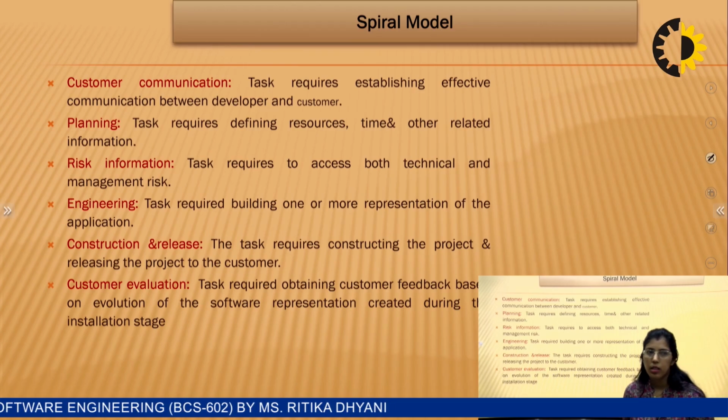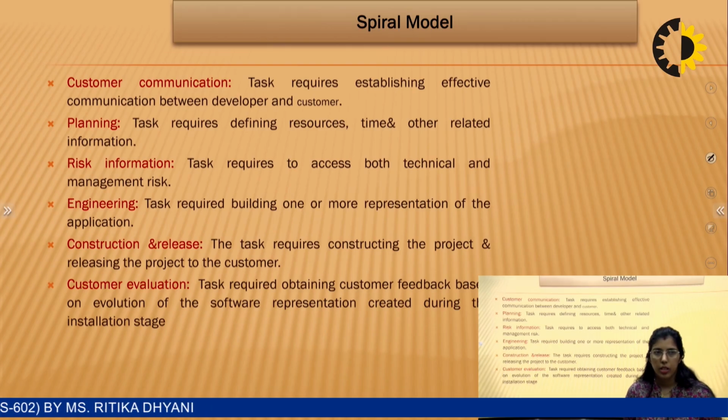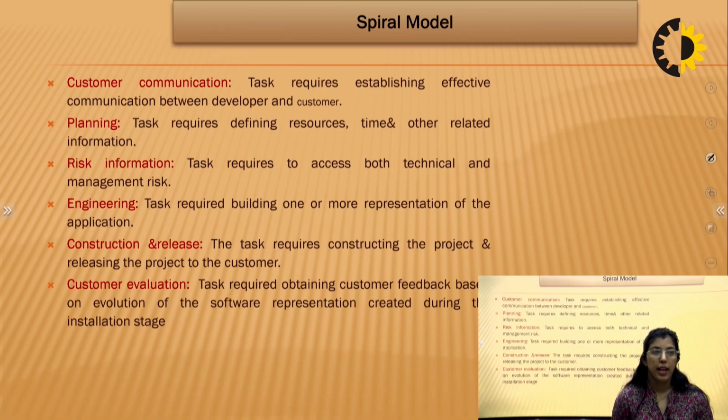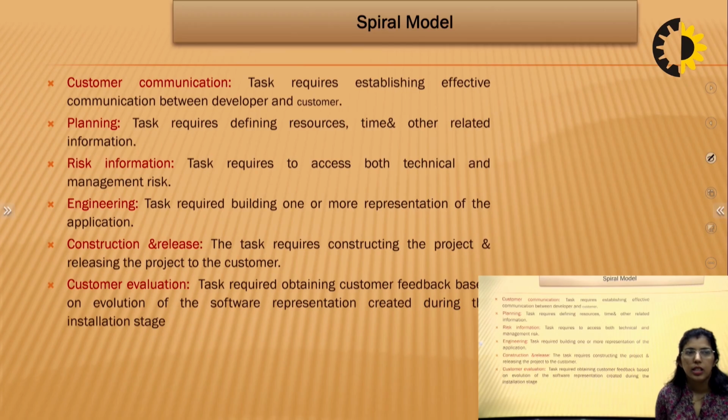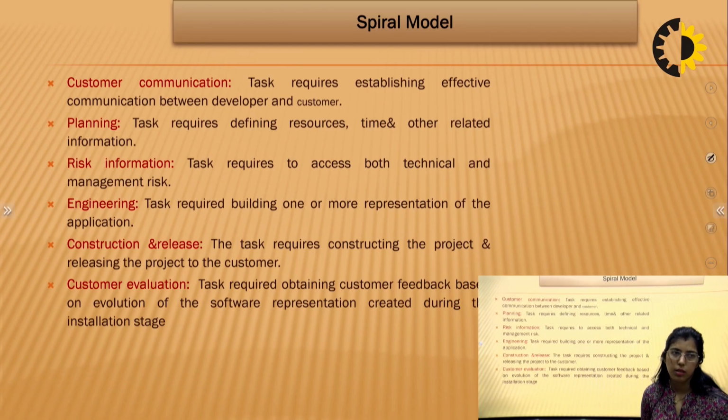So all these are the tasks that need to be done in the spiral model. Firstly, the customer communication task requires establishing effective communication between the developer and the customer. Next, the planning task requires defining resources, time, and other related information. Next is risk analysis. This task requires assessing both technical and management risk.